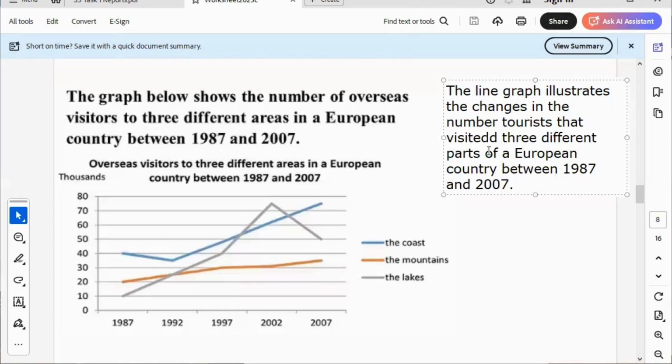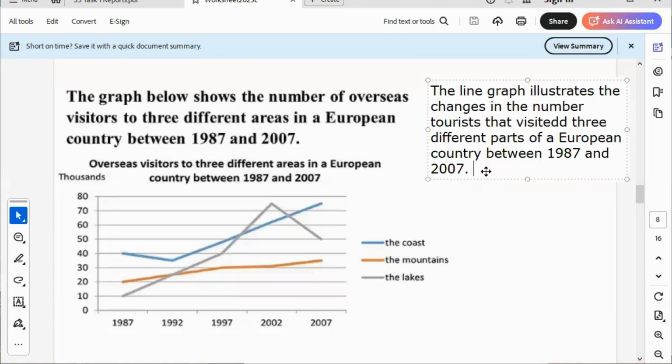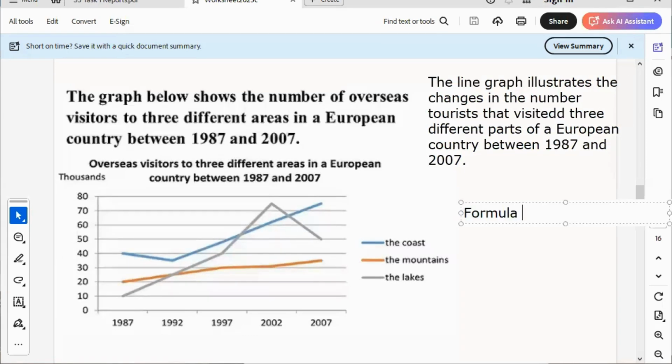Let me give you a formula for introduction when it comes to data charts. The formula for introduction is what plus where plus when. What is what? What represents what? Changes in the number of tourists that visited 3 different parts of a European country. That's the what.